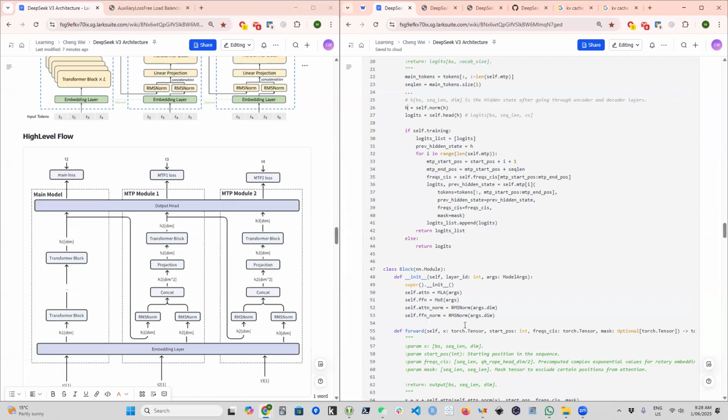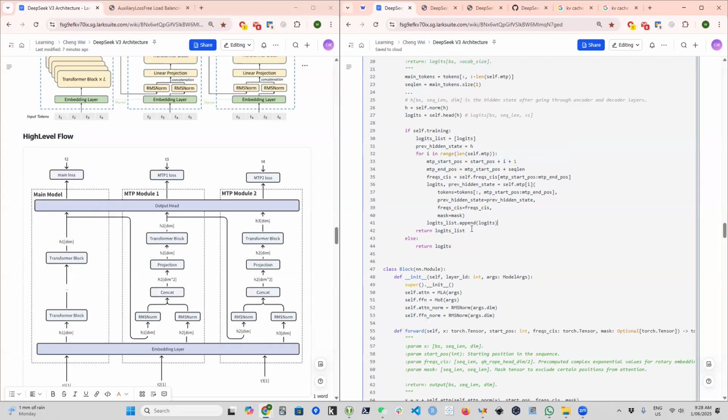For the second module, the hidden state is from this one. This is overridden; it is no longer coming from the main model but from this one. And then this token will be shifted too, right?